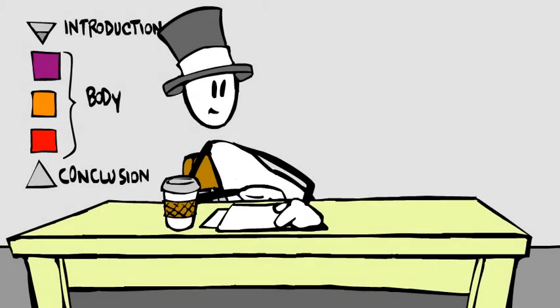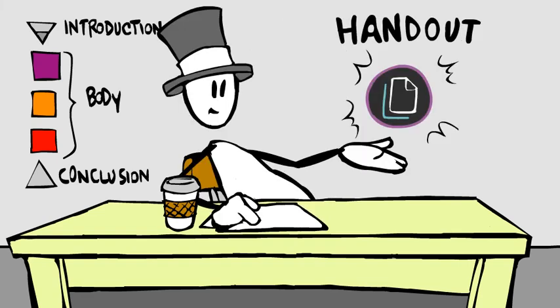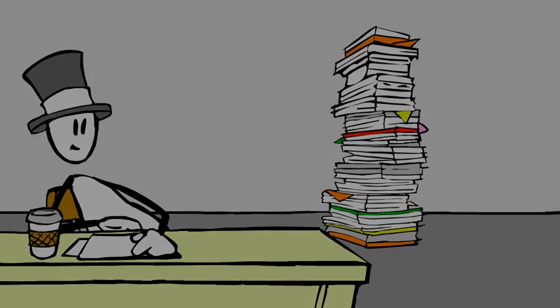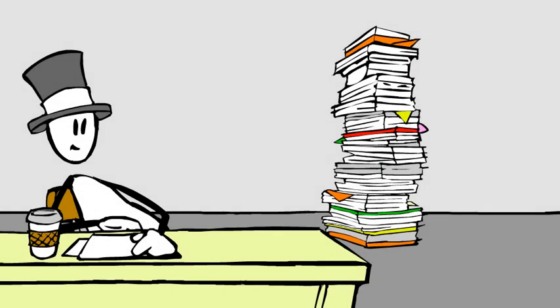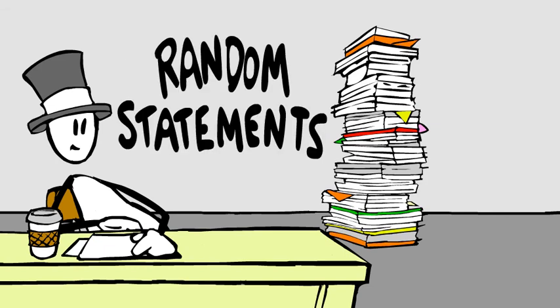You have now reviewed the structure of the college paper, and you should be ready to apply these steps to your own writing. Feel free to download the accompanying handout to aid you as you begin structuring your next college paper. Lastly, remember that a good paper is focused and not simply a collection of random statements.